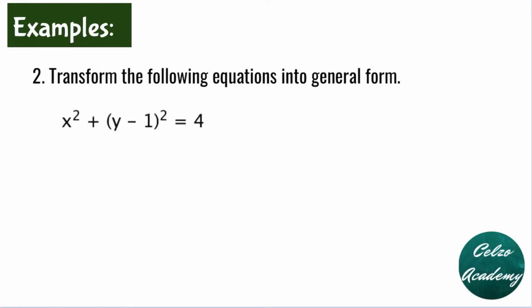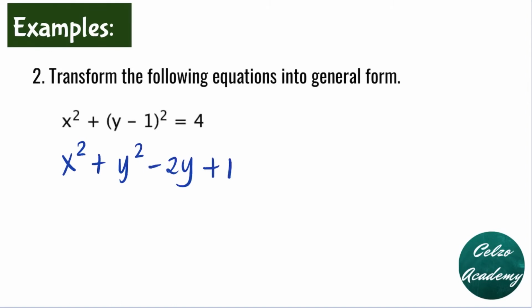Question number 2. x² + (y - 1)² = 4. So to simplify this, I will copy first x², and then we will square y - 1. So square the first term, which is y². Multiply y and negative 1, and then double. So we have minus 2y. Square the second term. That's negative 1 to the second power, that's plus 1.